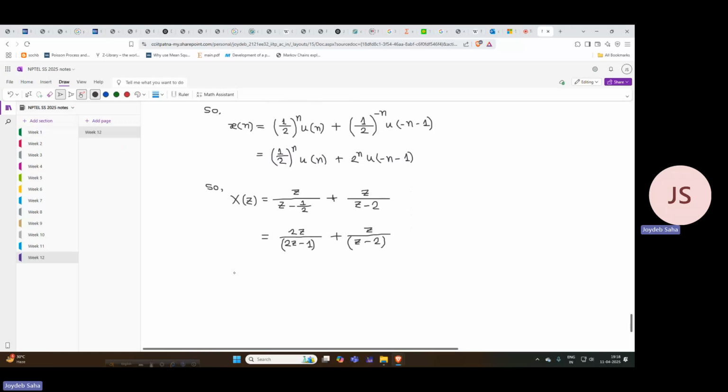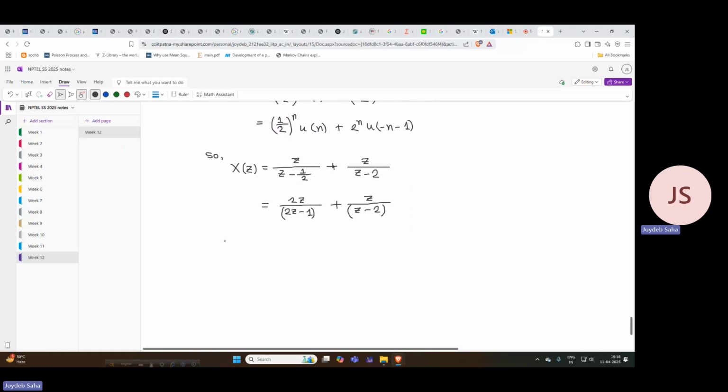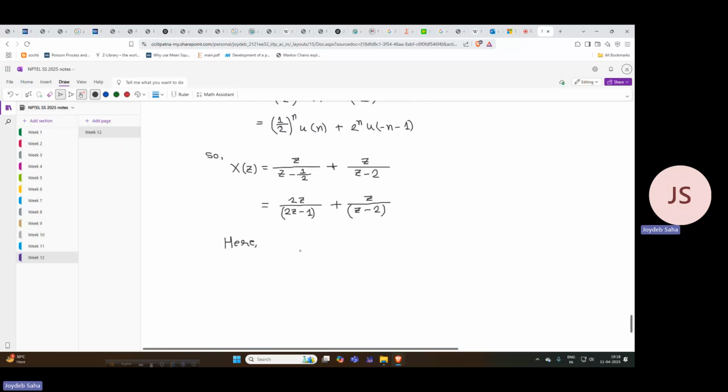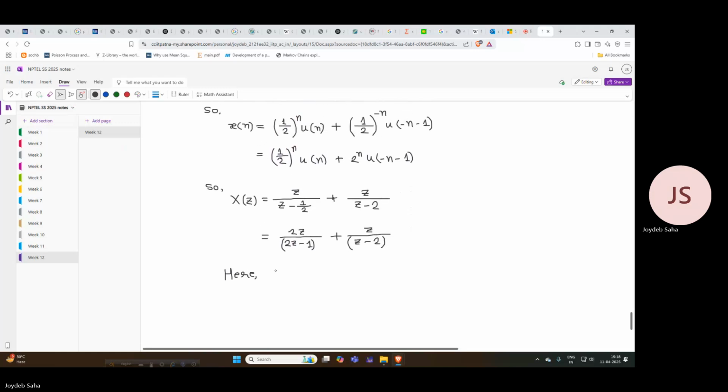Here, this is LSS, this is RSS, this is right sided signal, this is left sided signal, right? So lambda 1 and gamma 1 is equal to half, and gamma 2 is equal to 2.